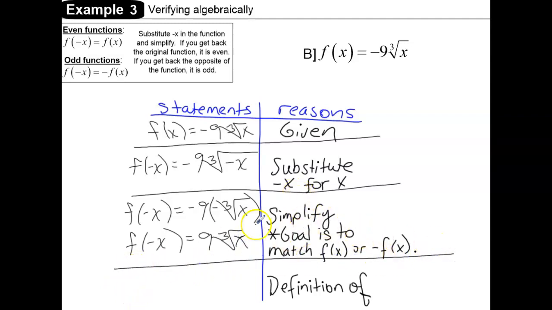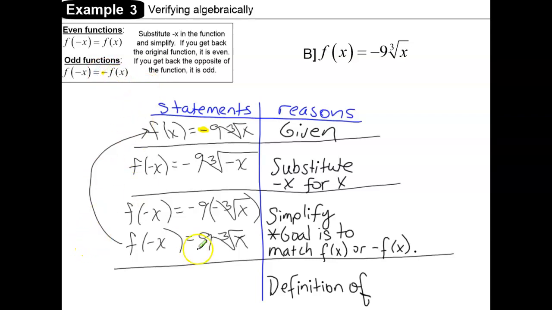So now we want to see, have I matched that definition? I've got f of negative x equals 9 cube root of x. When I compare that with what I started with, negative 9 cube root of x, do you see how I ended up with the opposite of what I started with? The only difference between these two is that negative right there. Now it's gone. So the definition for an odd function says when I put in a negative x, I get back the opposite of what I started with.